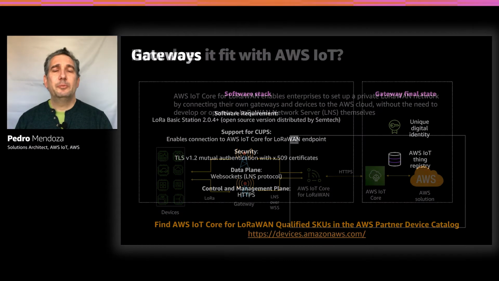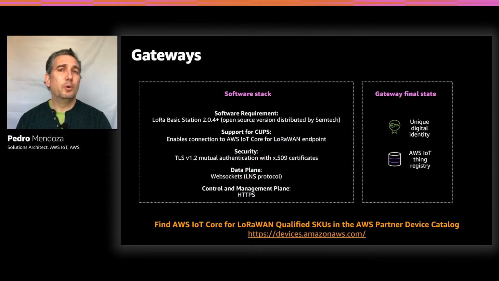So let's dive a bit deeper into the process to set up and integrate both gateways and devices into the AWS IoT Core for LoRaWAN service. First, let's talk about the gateways. As we mentioned before, the gateway's responsibility is forwarding the packets coming from the devices towards the LoRaWAN network server. In the specific case of AWS IoT Core for LoRaWAN, we require that these gateways run the Basic Station packet forwarder protocol, and it will use TLS 1.2 and specifically mutual authentication to secure the communication channel from the gateway to the LNS.